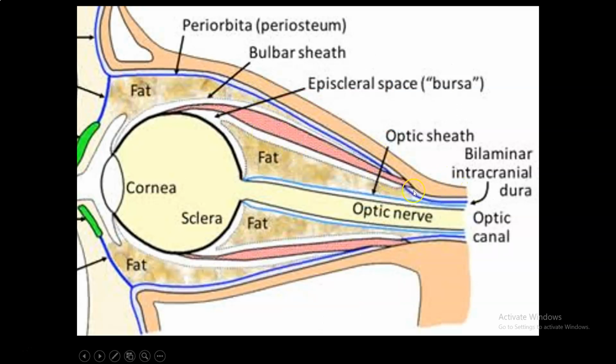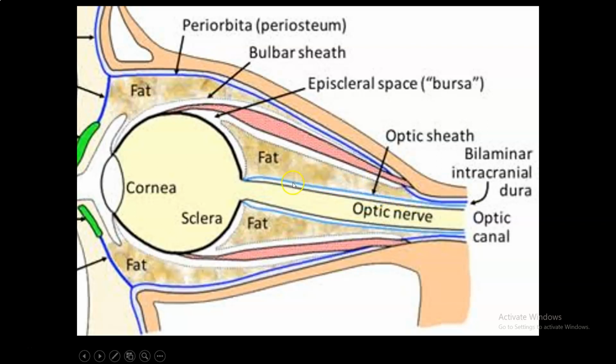Again here, this is a very important diagram. We all know that the dura around the brain is bilaminar, formed of two layers, and between the two layers there exist the sinuses. We said this before. At the region of the optic canal and the superior orbital fissure, the two layers of dura divide into one layer lining the periosteum of the orbit, which is the periorbita, and the second layer of dura continues covering the optic nerve sheath, forming the dura of the optic nerve.